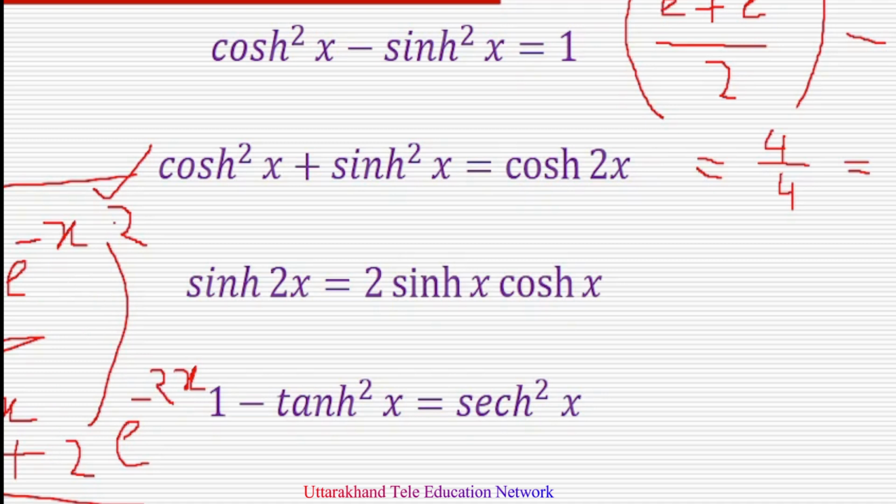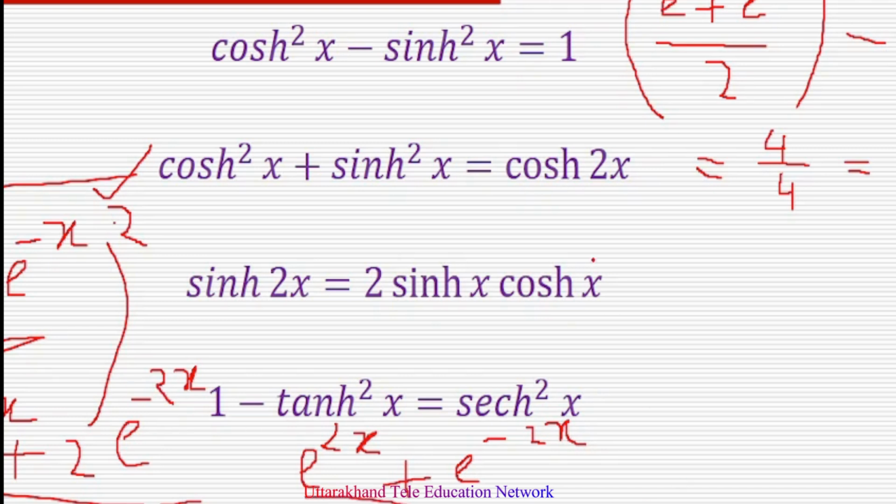Now if we take 2 common from these two terms, we'll get (e raised to power 2x plus e raised to power minus 2x) divided by 2.